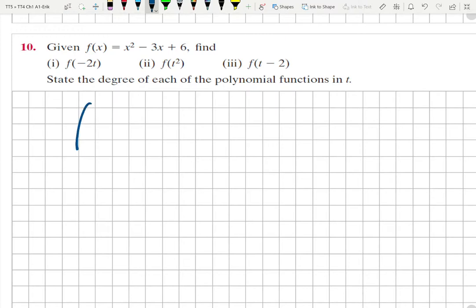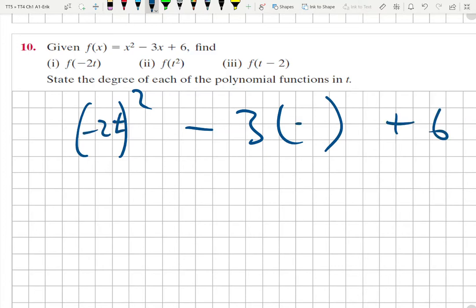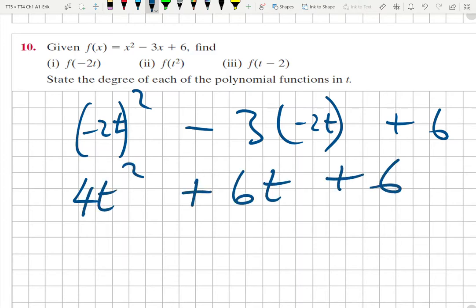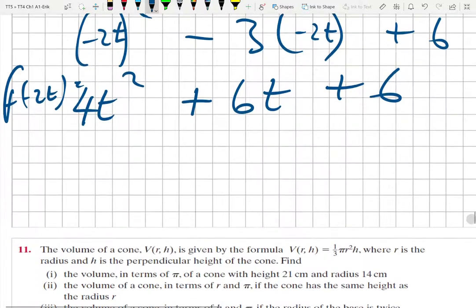So just go into this with whatever dummy variable they're asking for. Same again.